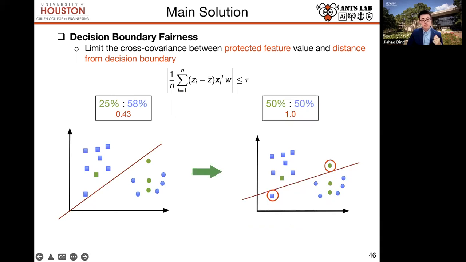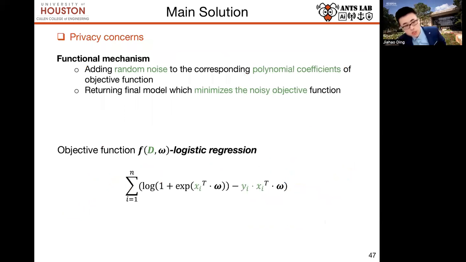And so now we achieve demographic parity. To deal with the privacy concern, we consider a functional mechanism, which injects random noise into the polynomial coefficients of the objective function, and then publishes the noisy model parameters by minimizing the perturbed objective function.